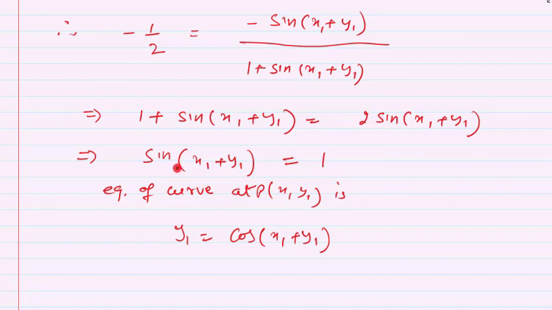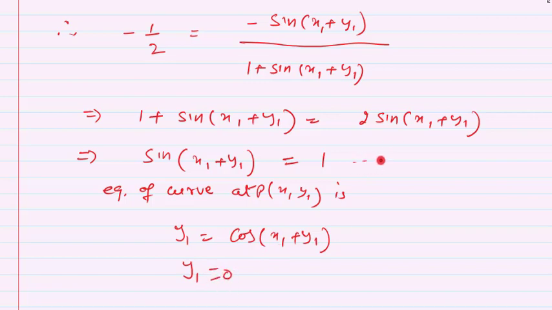We know very well, wherever sin(x1 + y1) is 1, then cos(x1 + y1) will be 0, because the value of sine is 1 at odd multiples of pi by 2, and the value of cos at odd multiples of pi by 2 is 0. So if we compare these two, we get that y1 will be equal to 0.